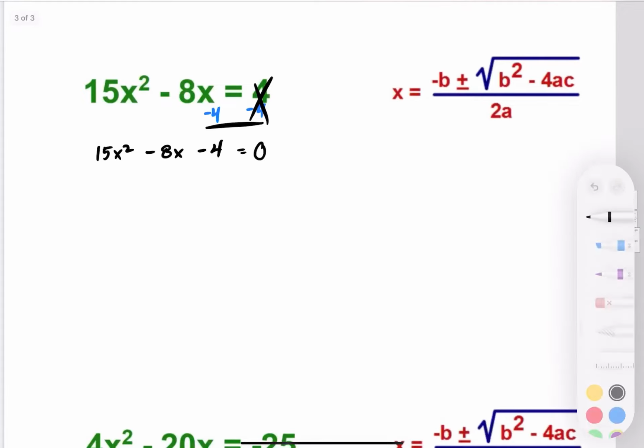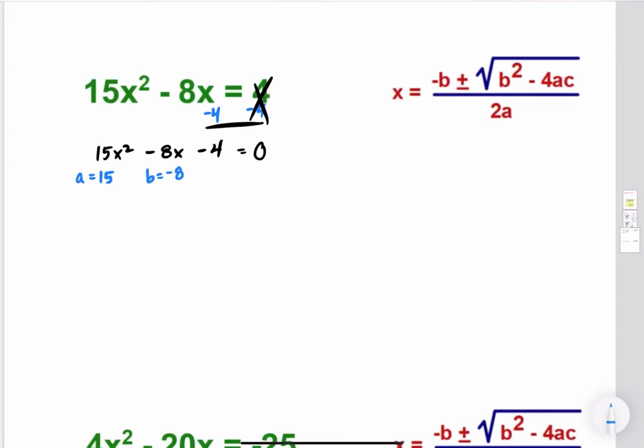And now that we have it in standard form, we know what our a value is, which is 15, our b value, negative 8, and c, negative 4. So once again, same thing like before, all we're going to do is substitute everything into our formula. So x is equal to negative b plus or minus the square root of b squared minus 4 times a times c, all over 2 times a.